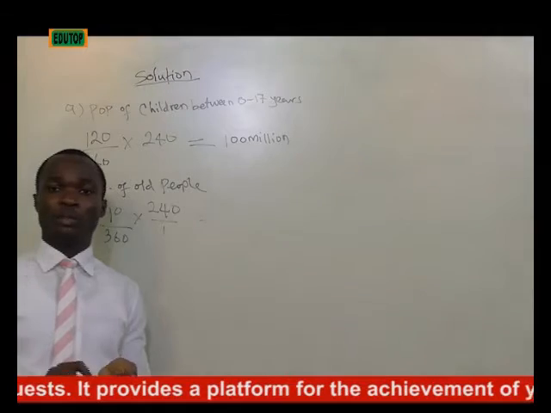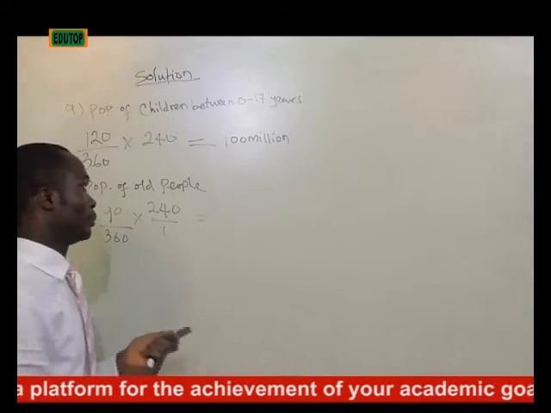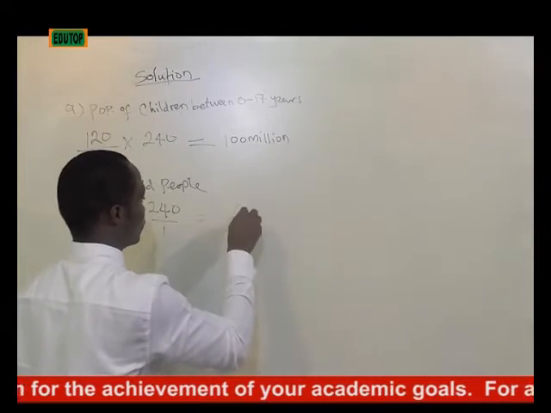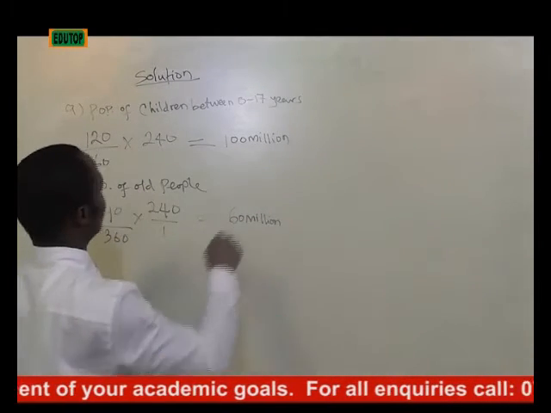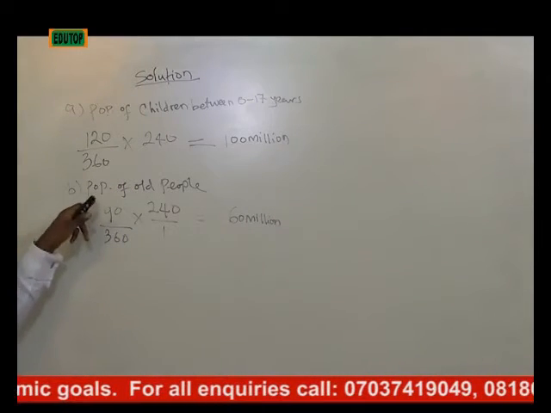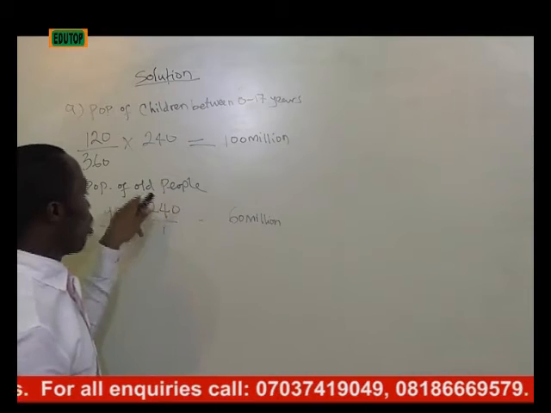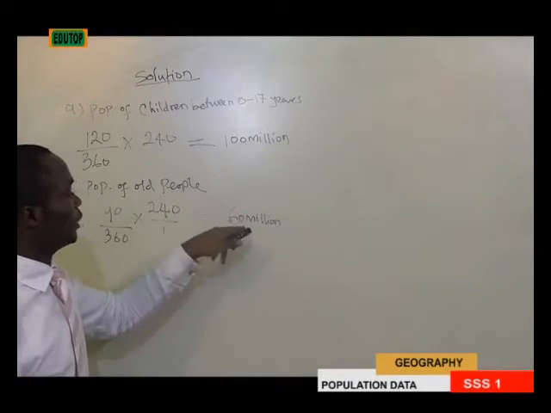That operation will give you a total of 60 million people. That means the population of people who are old in that given community or town is 60 million.